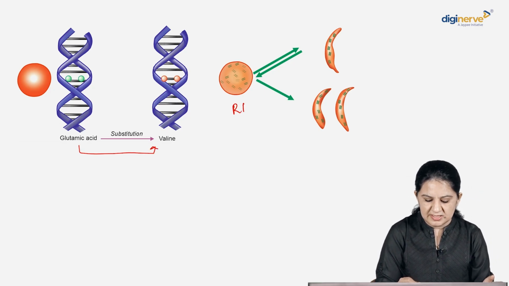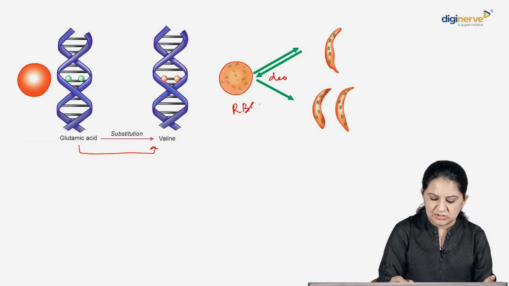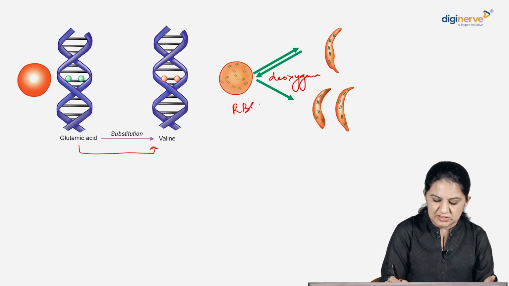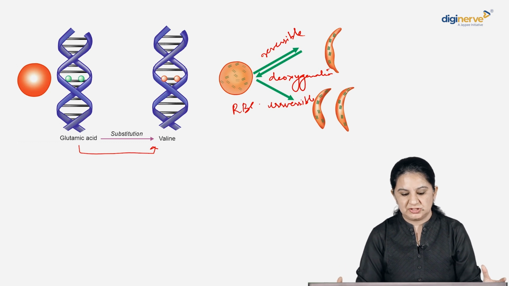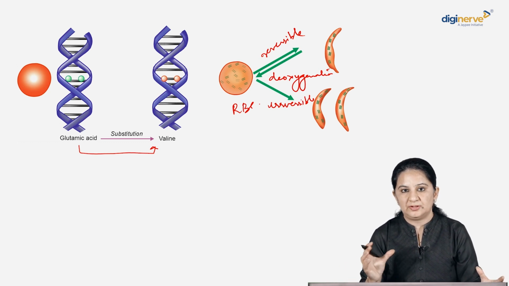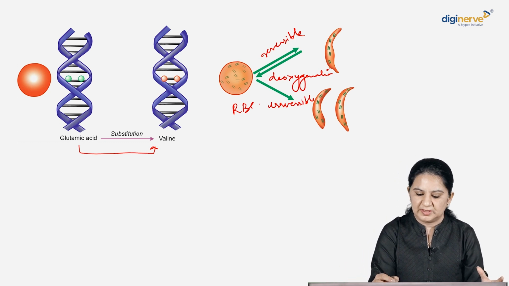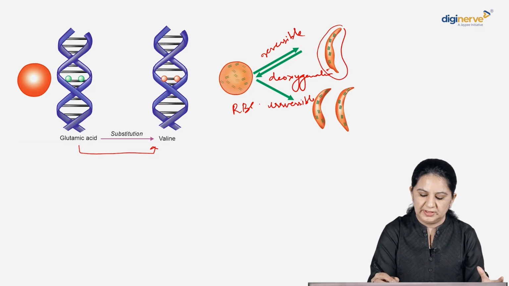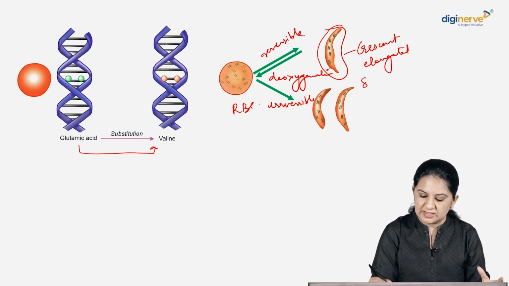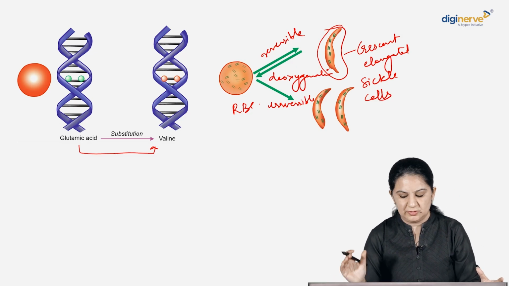These RBCs with deoxygenation, when there is less oxygen, this is reversible, this is irreversible. With deoxygenation, these cells will lose their biconcave or discoid shape and will become crescent or elongated sickle cells. So this is only during deoxygenation.